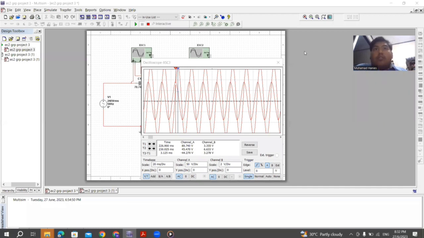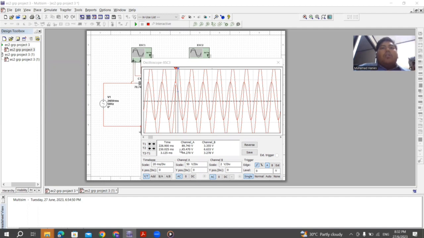Okay, sorry for my mistake. Okay, from the oscilloscope for load, we can see the value of Vpeak is 89.740. The value of current is 6.633 and the time delay is 3.125 millisecond.